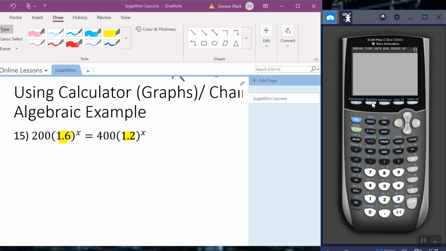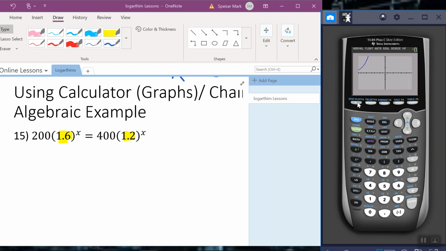Let's do the standard window. We have one graph, blue. Only one graph is graphing. It's interesting.